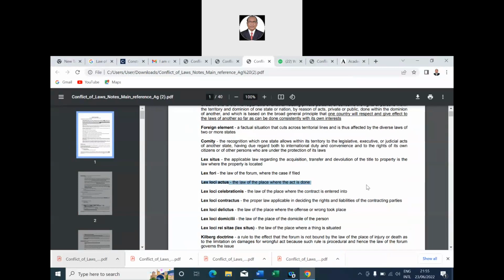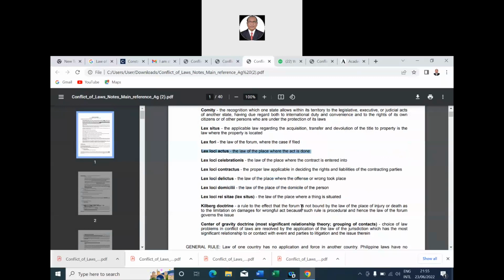Now, lex loci contractus, let us see. The proper law applicable in deciding the rights and liabilities of the contracting parties. That means the place where the contract is executed, or the place where the contract is performed. Is it clear? Yes, it's clear.